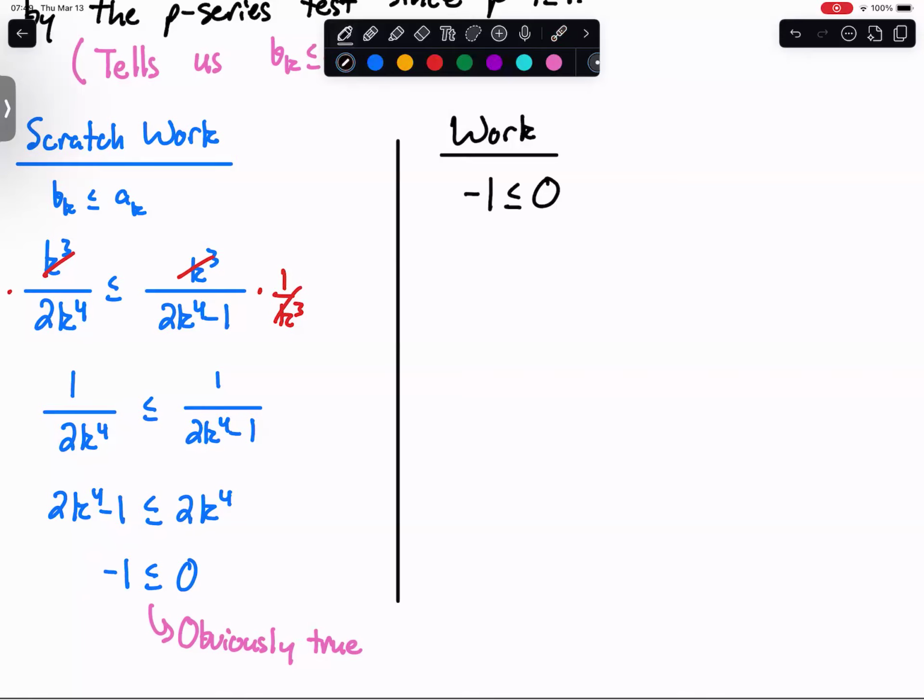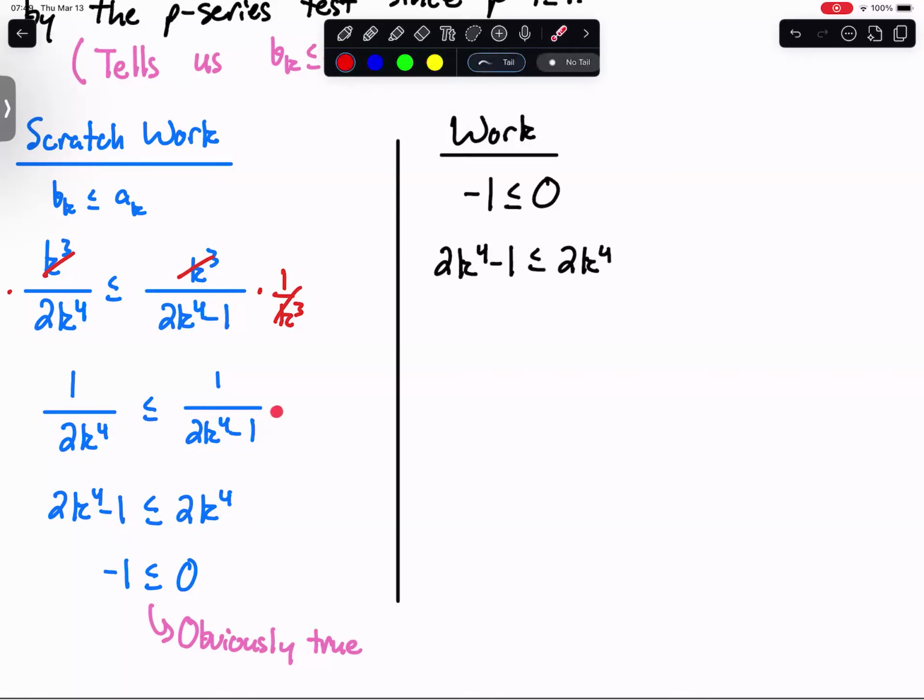So we get to use that. Now let's go backwards. We said from our scratch work, if that was true, then this must be true. So 2k to the fourth minus 1 is less than or equal to 2k to the fourth.